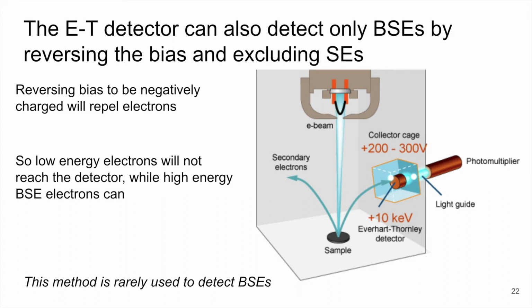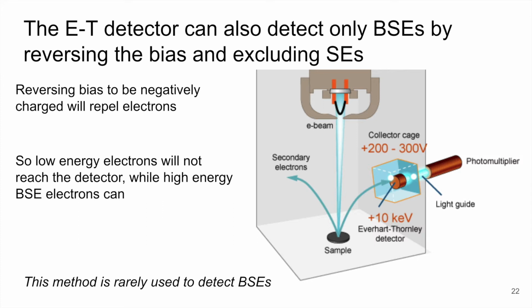Well, if we reverse the bias of the collector cage, that will repel electrons in general. So that means that those low energy secondary electrons will not reach the detector.